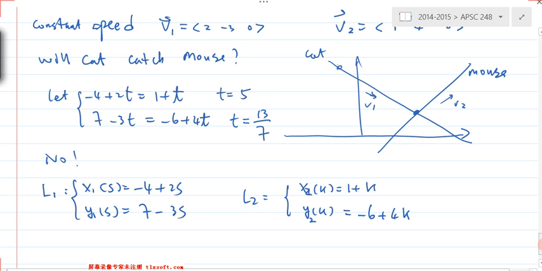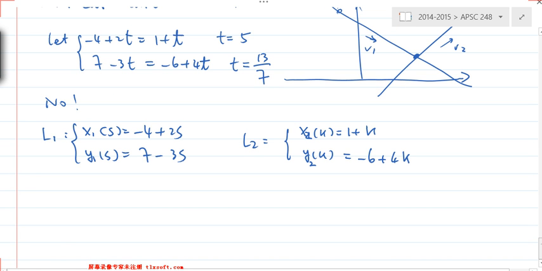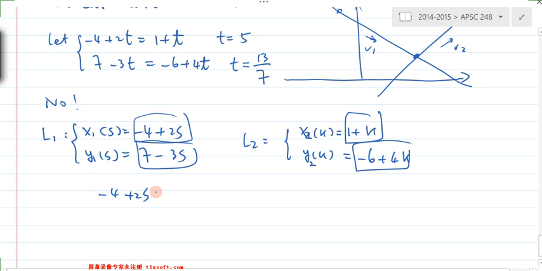Then, because we want to find the intersection point and we already know they must intersect, when they intersect, that means the coordinates here should be the coordinates of the other side. So the coordinates should be the same, meaning this should be the same as this, and this should be the same as this. Right? So now let's do this. Okay?